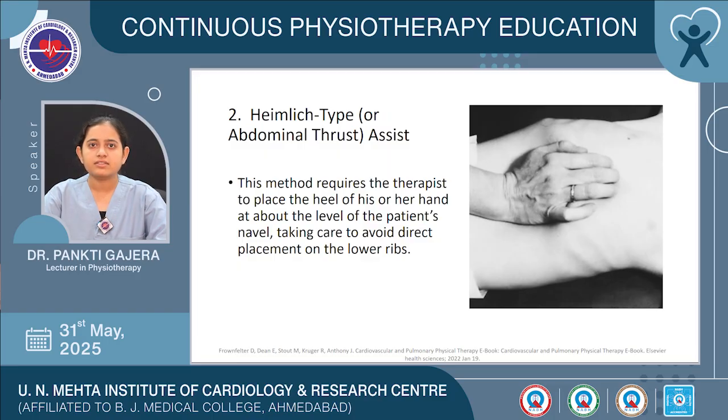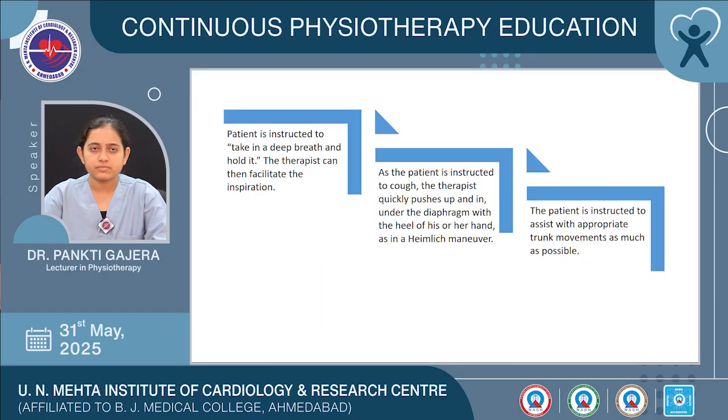This method requires the therapist to place the heel of his or her hand above the level of the patient's navel, taking care to avoid direct placement over the lower ribs. So you can see in the picture the heel placement is not over the lower ribs but at the navel of the patient.